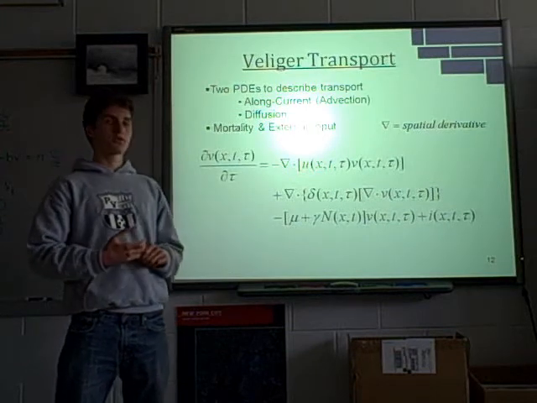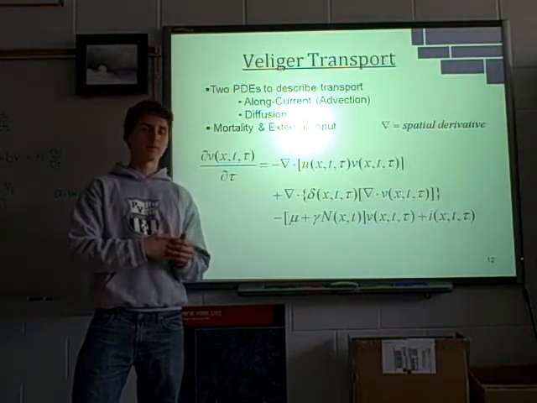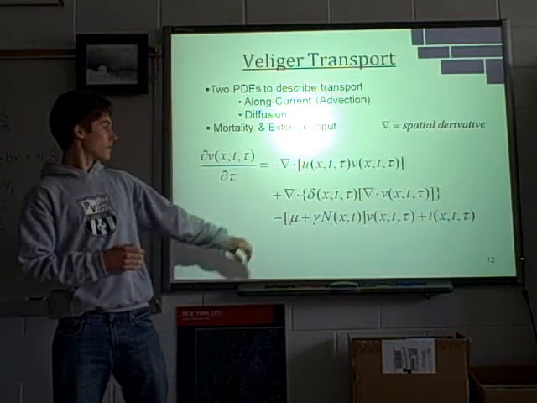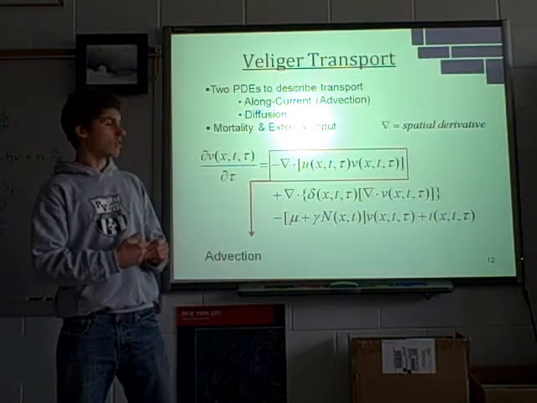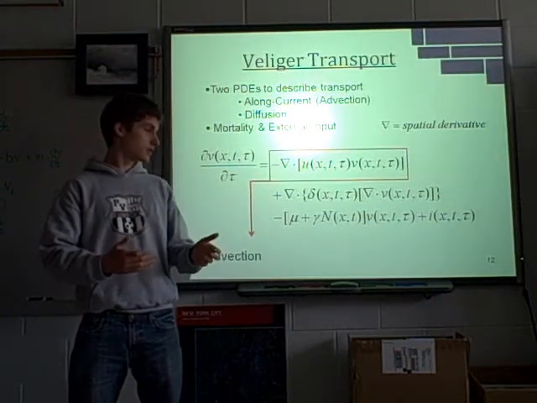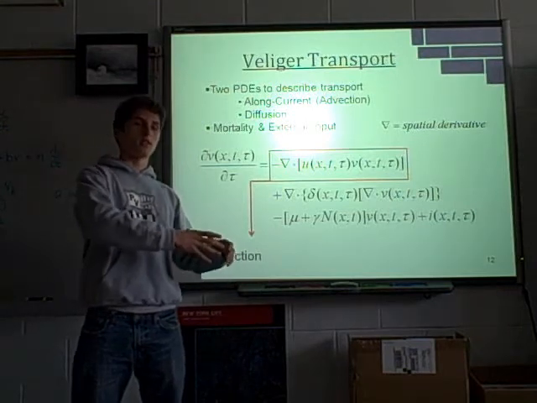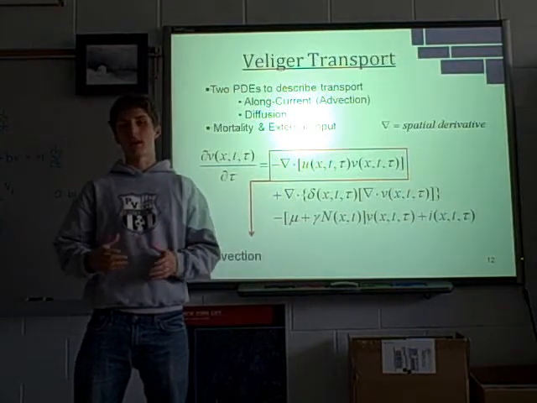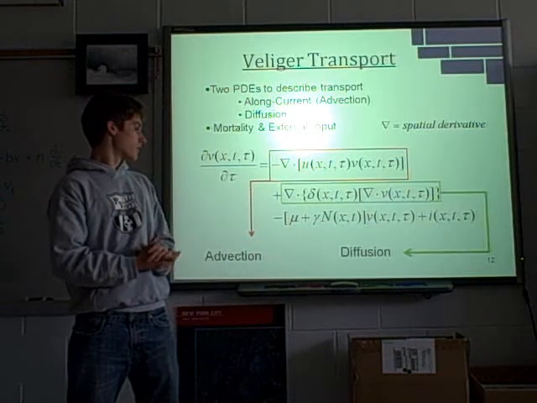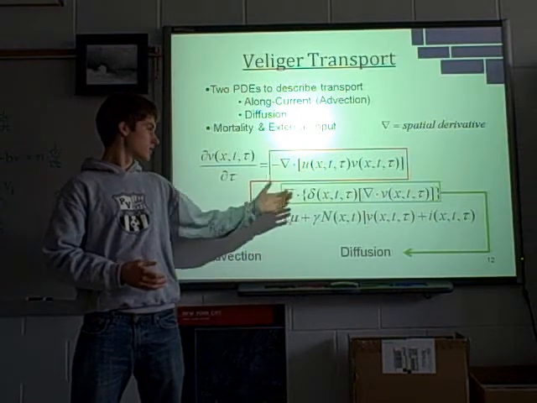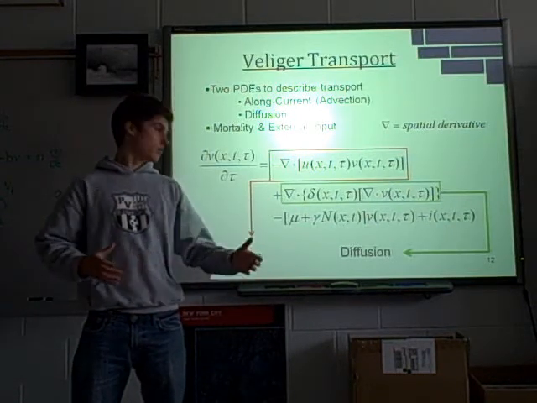And here's the actual velger transport model. It's a partial differential equation with 4 components. The first is the along-current spread, which is advection, and this is just the sweeping of the velgers downstream at the speed of the current. You have the diffusive action, just again a simple diffusion model.